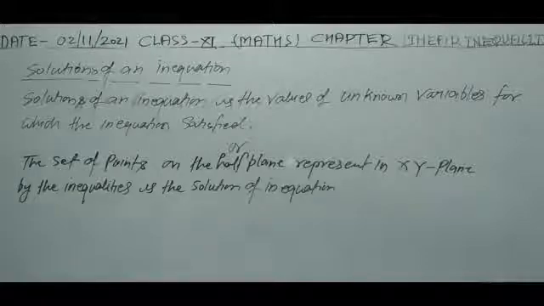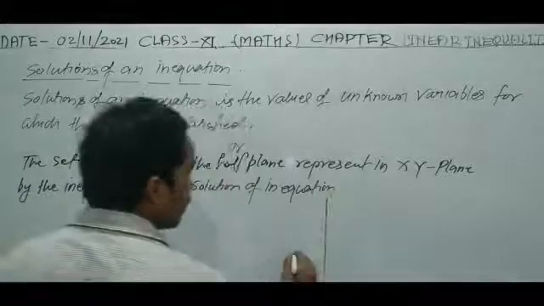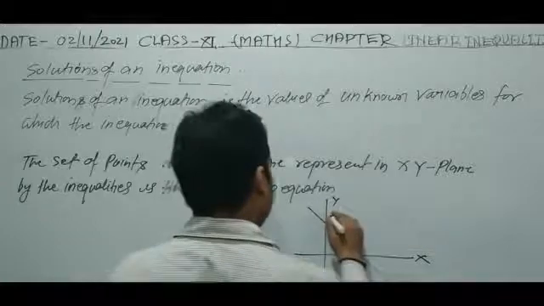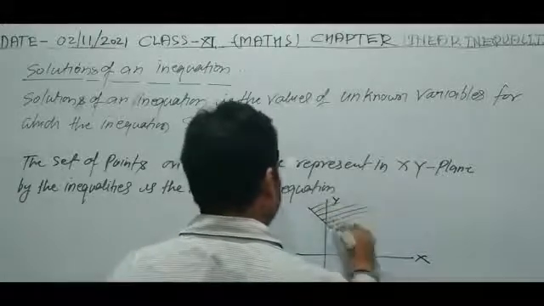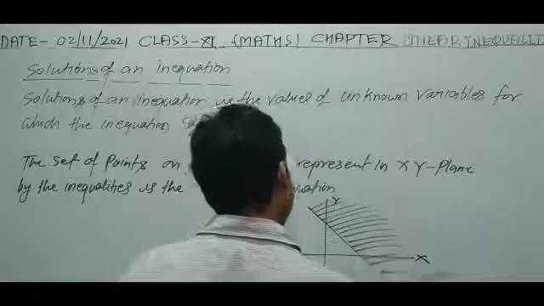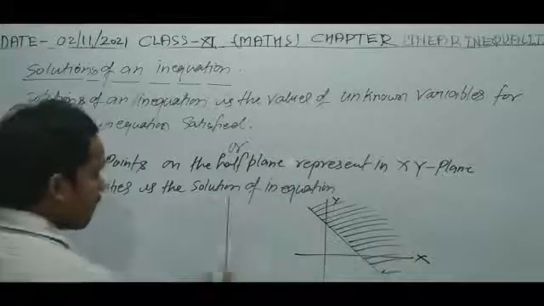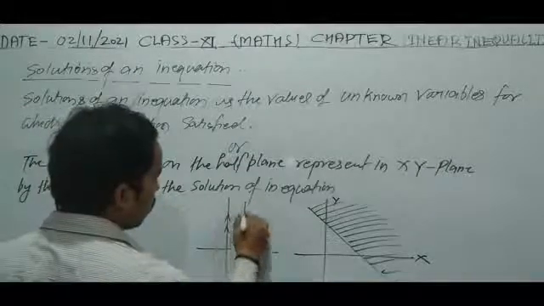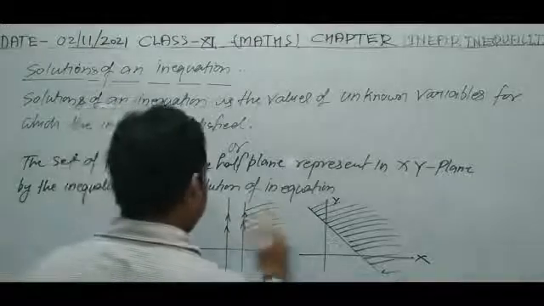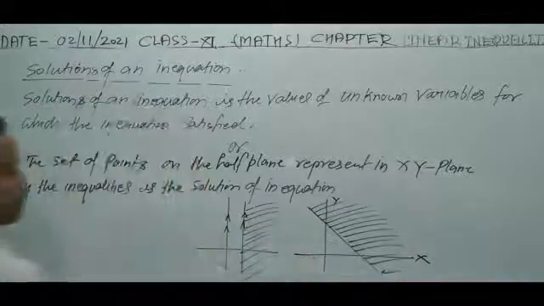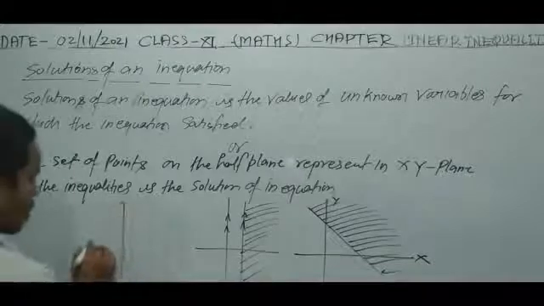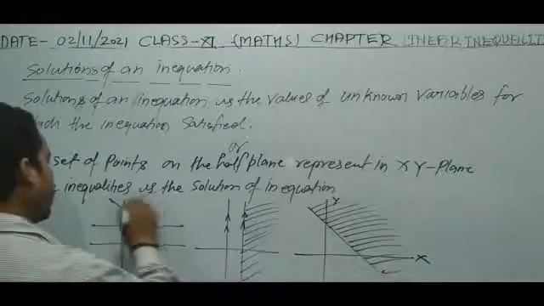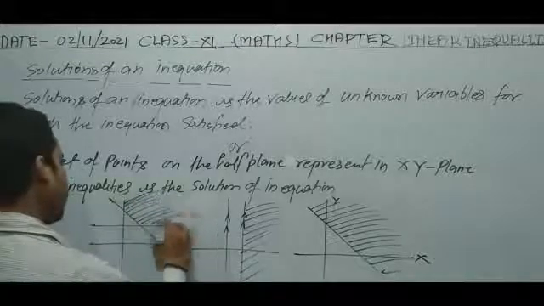So this type of set you will see, this is x, this is y. This type of half plane region, this type of shaded part, you can draw according to the question.